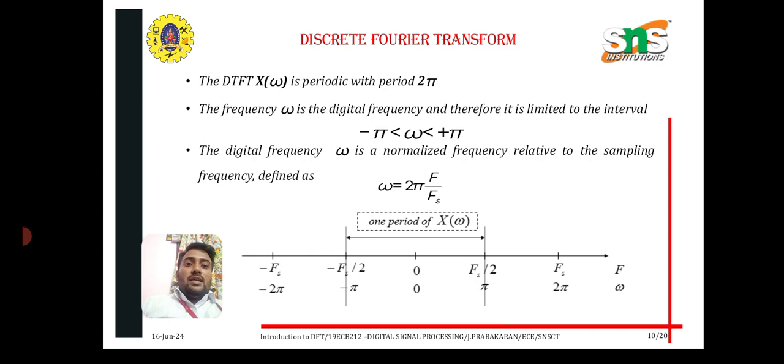The DTFT represented by capital X of omega is periodic with period 2 pi. The frequency omega is the digital frequency, and therefore it is limited to the interval minus pi to plus pi. The digital frequency omega is a normalized frequency relative to sampling frequency, defined as omega equal to 2 pi f divided by Fs. Fs is represented by sampling frequency.